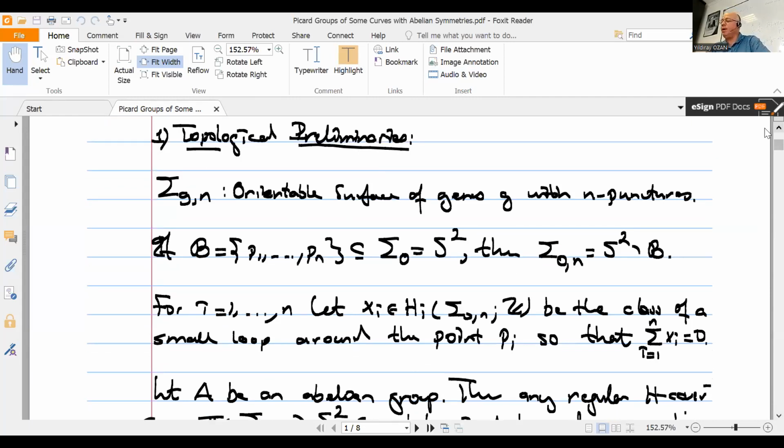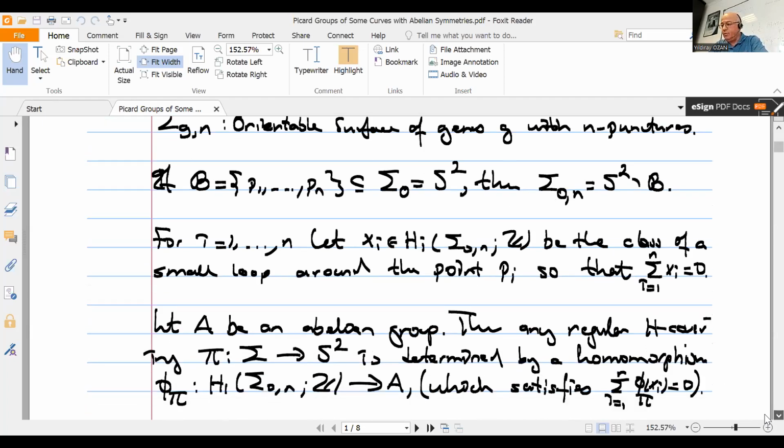So sigma g,n, let me try to explain from here. Sigma g,n is an orientable surface of genus g, as I said, and the xi's are the homology classes around these punctures. Their sum is 0.